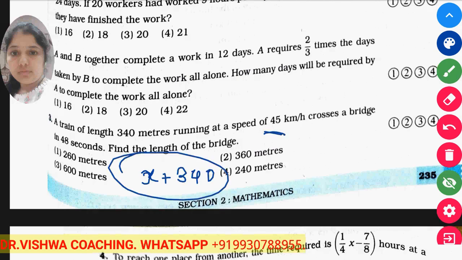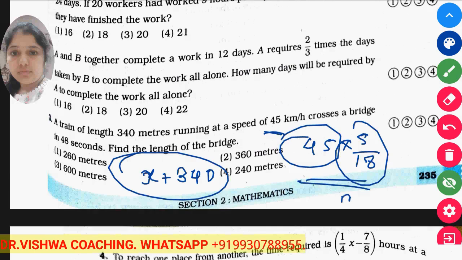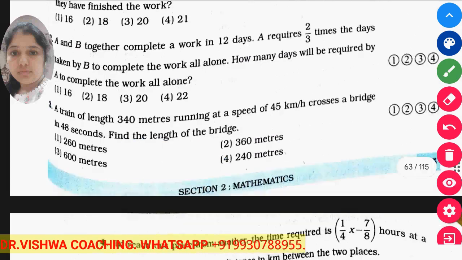Now convert this 45 km per hour into meter per second by multiplying it with 5 by 18. Now you will get the speed in meter per second. Now put all the values in the formula, because we know the distance and we know the time, which is 48 seconds, and you can find the length of the bridge.